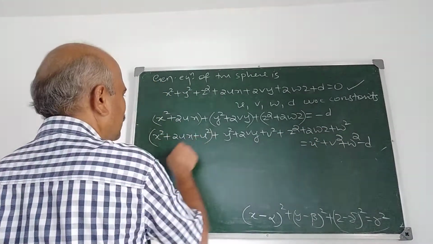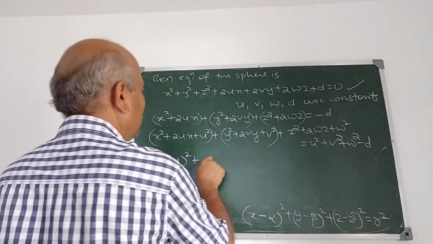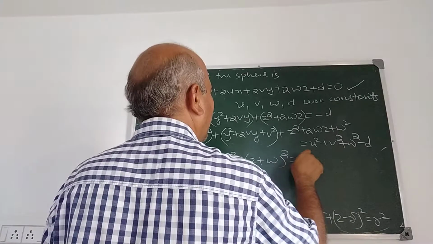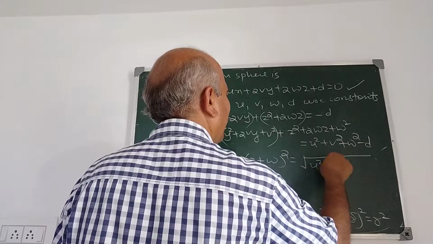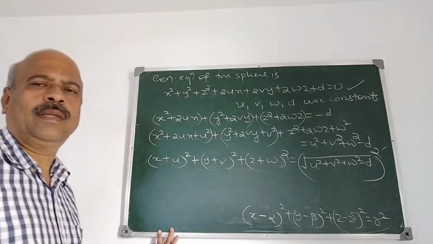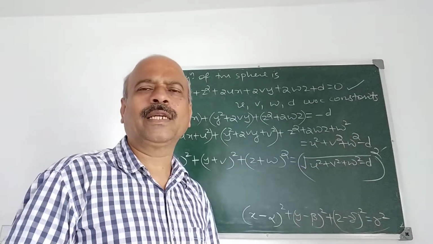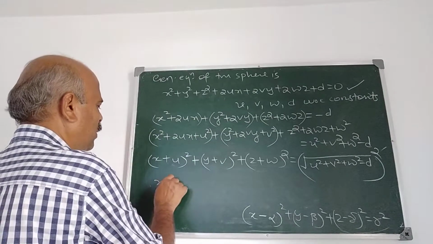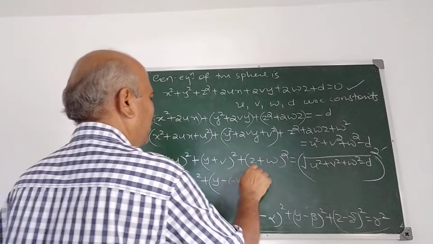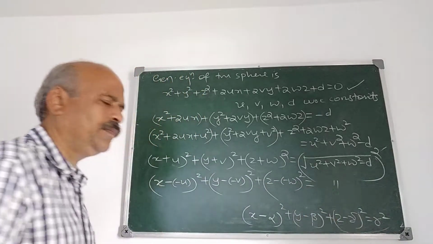Now see, this is (x + u)², this is (y + v)², and next is (z + w)². I write the right hand side as the square of the square root of u² + v² + w² - d. Now the last step: (x - (-u))² + (y - (-v))² + (z - (-w))² = this.